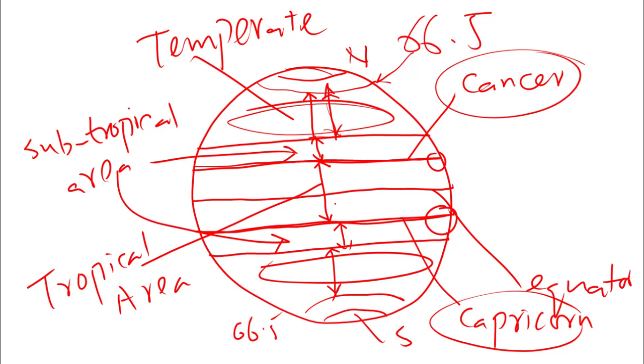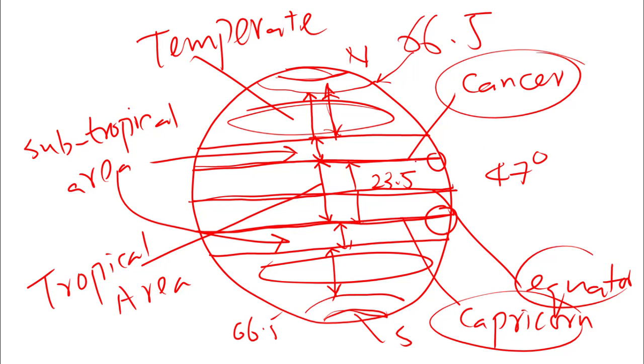Hopefully you get the idea of where these various zones are, the major zones in which our globe or earth is divided. Once again, just to recap, we have poles, North Pole and South Pole. A line drawn between the two poles is the equator. 23.5 degrees north of equator and 23.5 degrees south of equator is the tropical area. So 23.5 plus 23.5 is equal to 47.